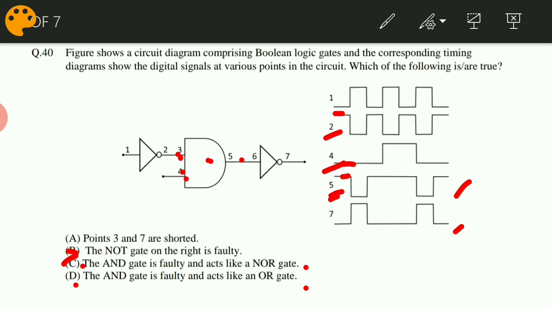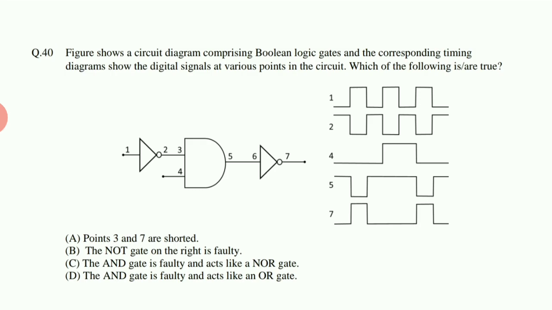When the inputs are 0 and 0, the output is 0. When the inputs are 1 and 0, the output is 1. When the inputs are 0 and 1, the output is 1. When the inputs are 1 and 1, the output is again 1. In this manner, you can find the functioning of the AND gate.